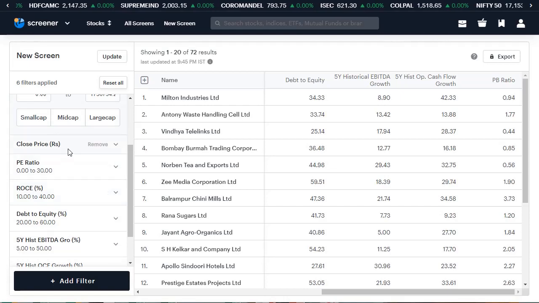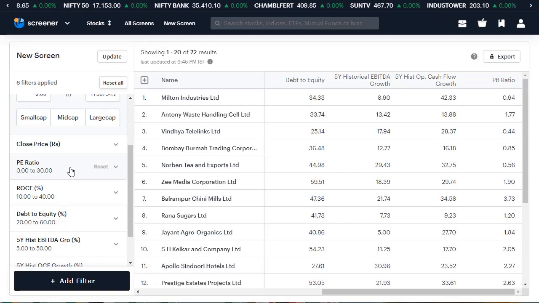So let's go to the first filter, that is the PE ratio. The PE ratio is the price to earnings ratio. It tells us how much the investors are willing to pay in respect to the earnings which are posted by the company.